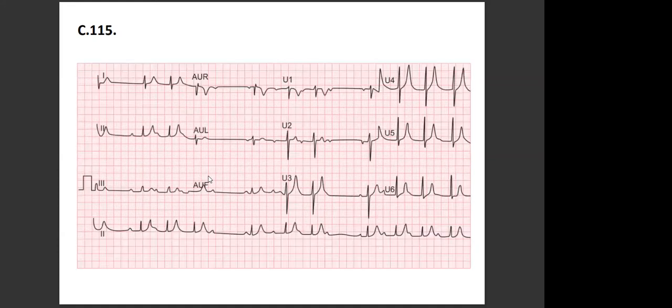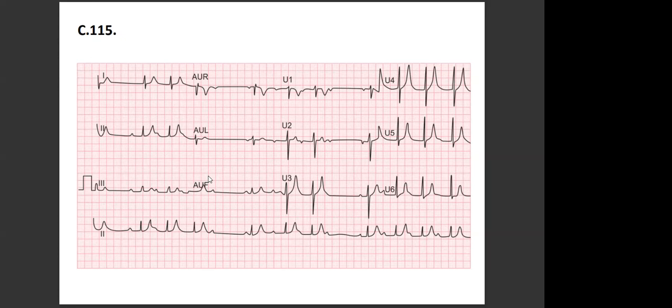Okay, good. 115. Who has 115? I do. So the rate was around 75 BPM. It was positive in lead 1 and also positive in AVF, and equiphasic in AVL, which means that lead 2 would be perpendicular.